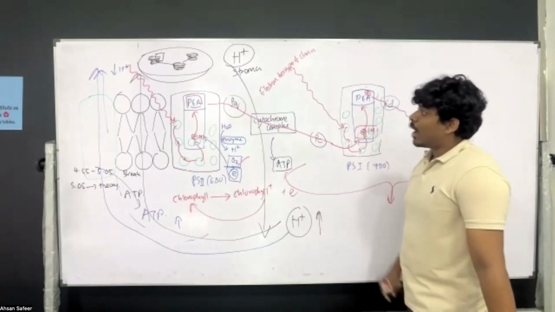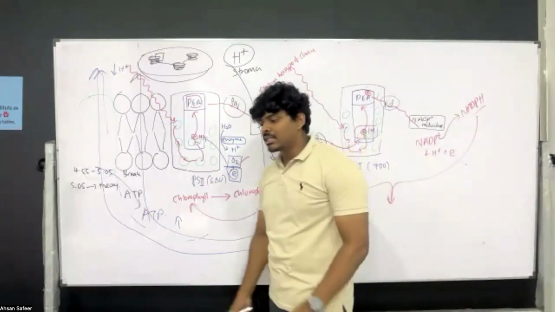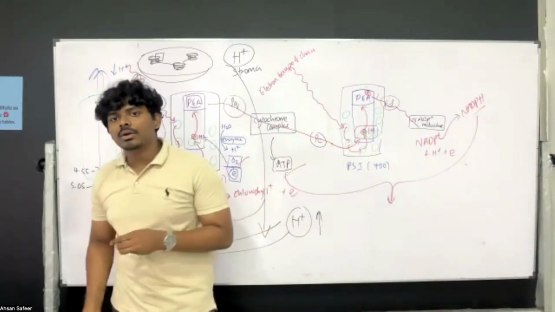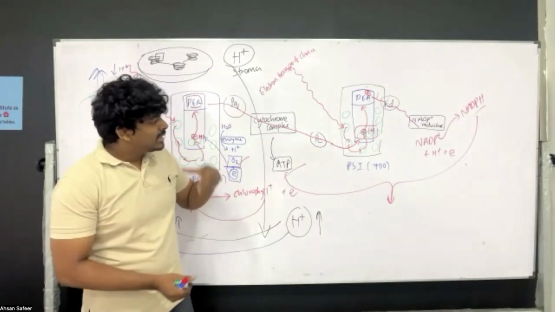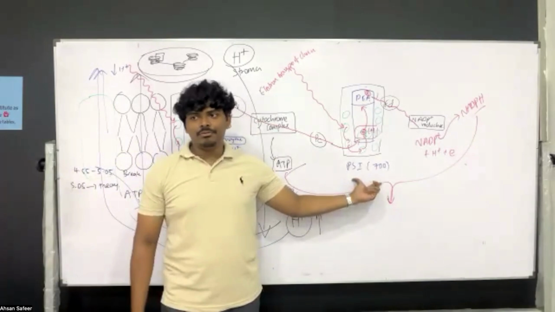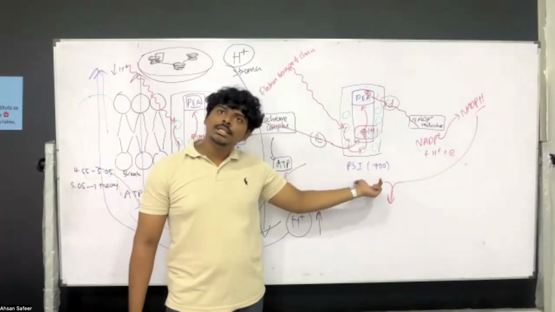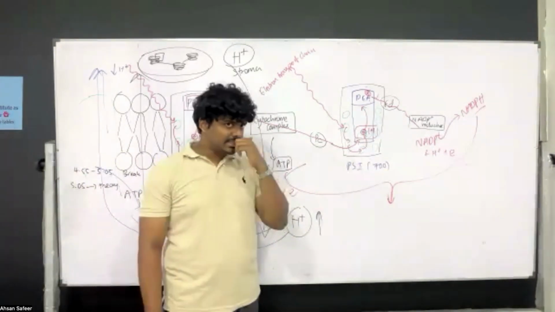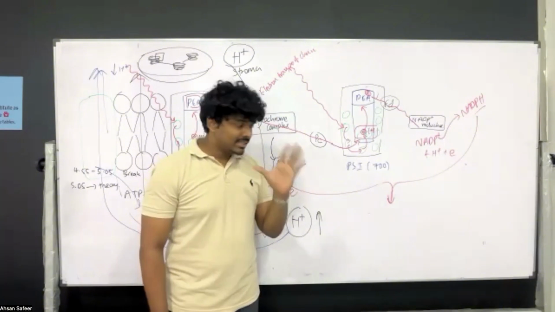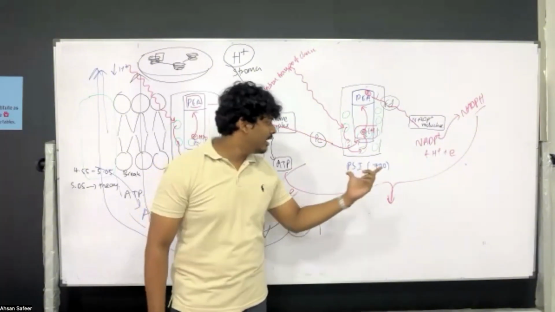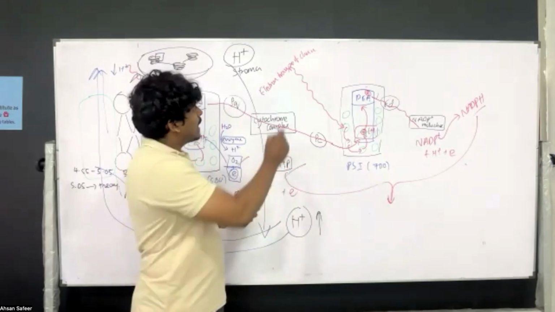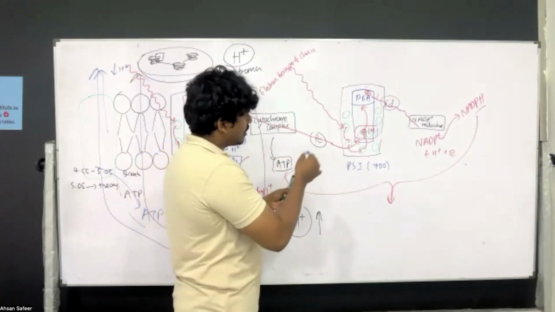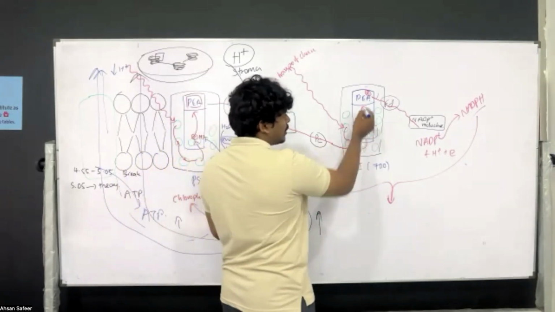Okay. However, in this light dependent reaction, there is another part known as cyclic electron flow. In cyclic electron flow, only photosystem 1 is involved. You will come across this in a certain situation in the C4 pathway, in the C4 plants, we will do that later. This PS1 is capable of exciting its electron.